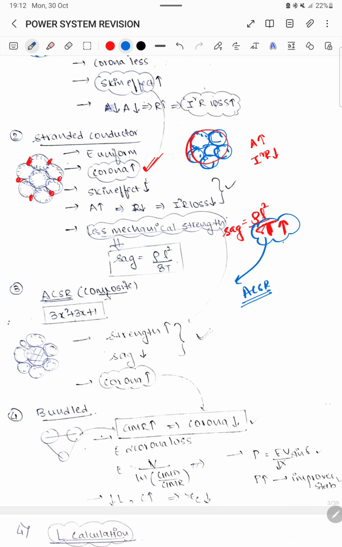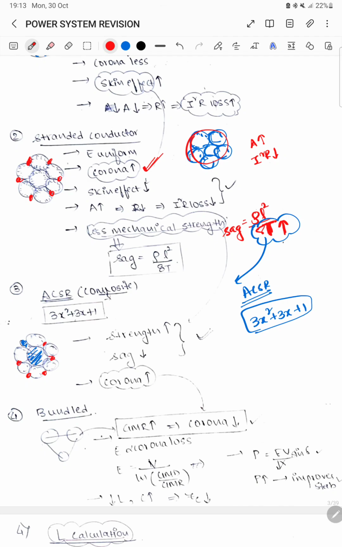In composite conductors, there will be an aluminum conductor in the middle and outside there will be normal conductors. The number of conductors surrounding is 3x squared plus 3x plus 1. In this, strength is increased, but again the sharp edges are there, so there is no improvement in corona loss.